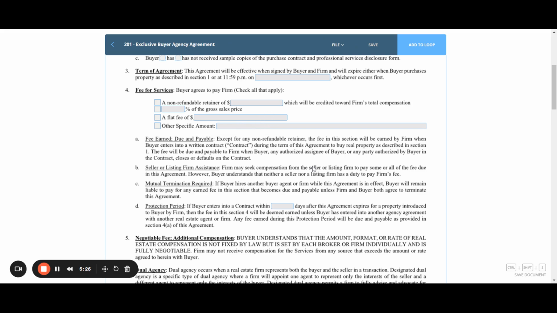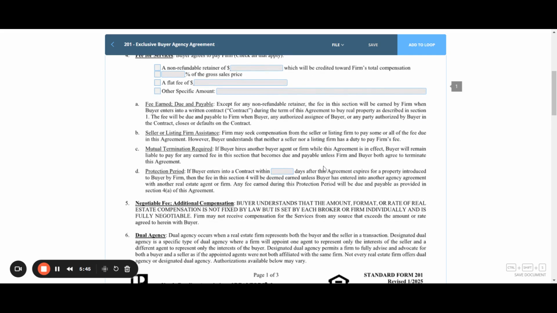Now, if you put, for example, 2.5% in here and the builder or seller or listing firm is only willing to pay 2%, you have the option to just accept that 2% and not make your buyer pay the difference. That's perfectly fine. Choice Residential will not force you to collect that amount from the client. That's a decision you'll make.